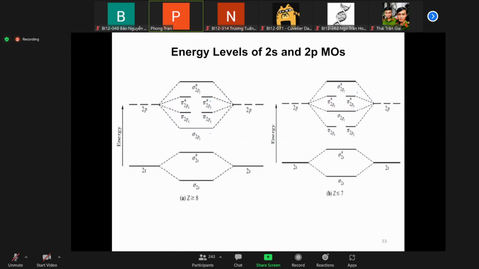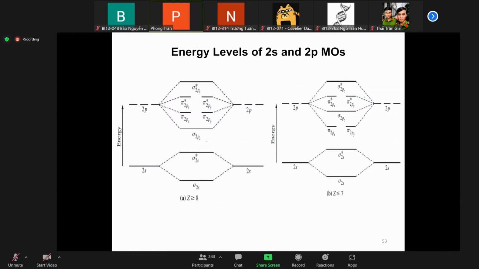So basically, this slide summarizes two molecular orbital diagrams that are normally used in general chemistry class to work on the electron configuration of the molecule. For Z over 8, that means starting from oxygen onwards, you have this standard one. And for Z smaller than 7, from nitrogen backward, you have the second one.